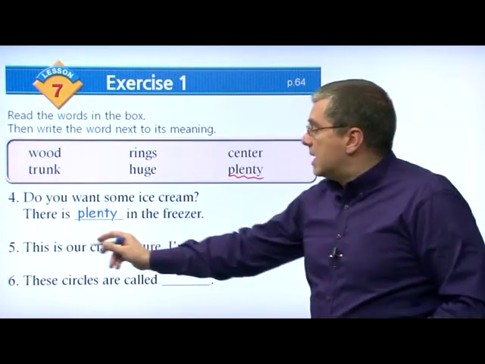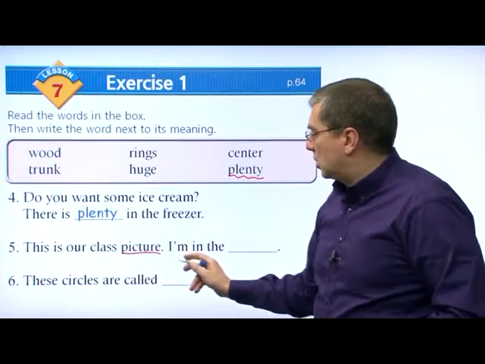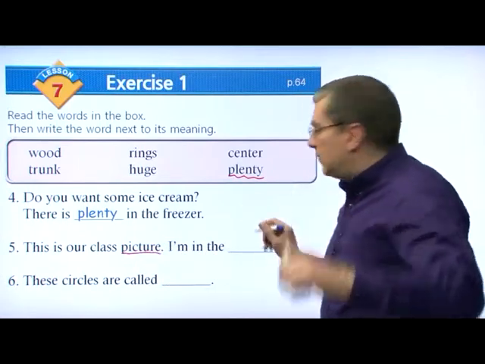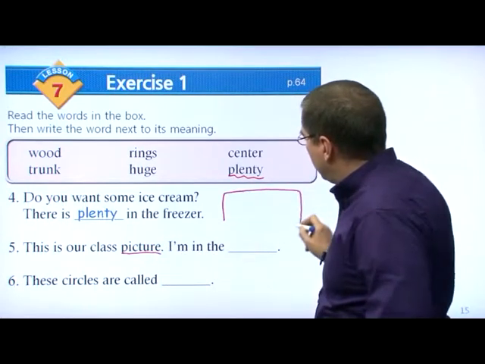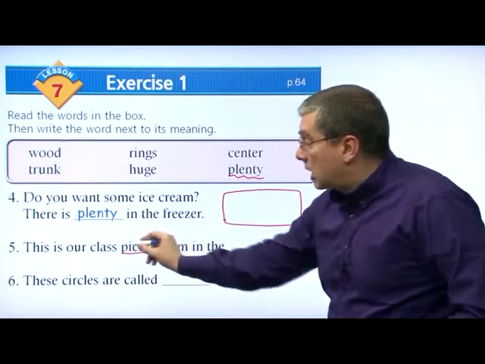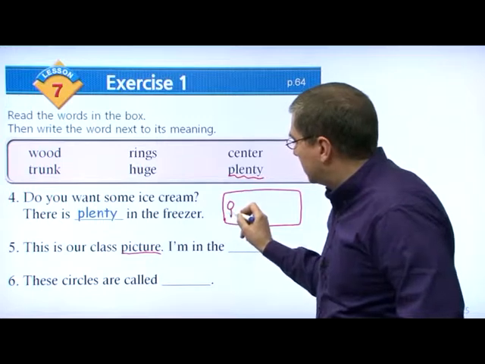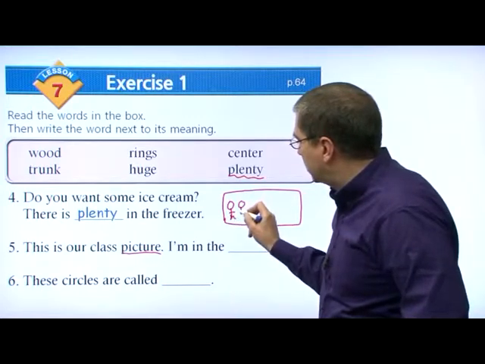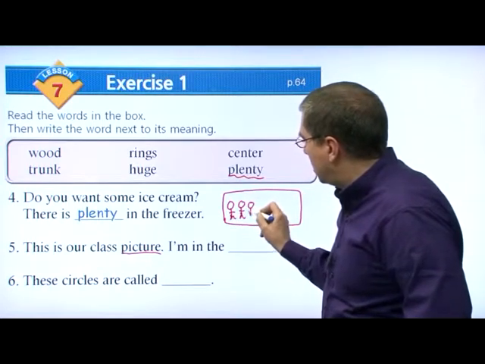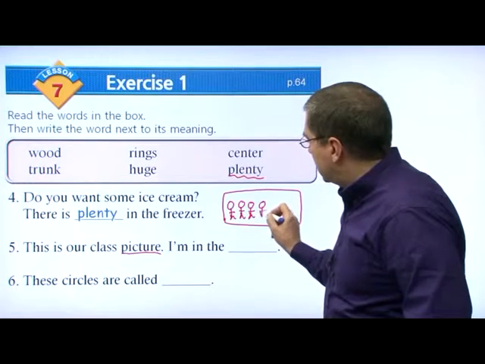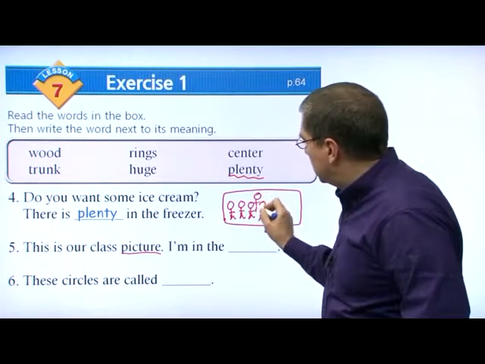Okay, number 5. This is our class picture. I'm in the blank. Now, if you think about a picture, a class picture means there's many people in the picture, right? I'm not a very good artist, but you would have all of your friends and maybe your teacher in the back.